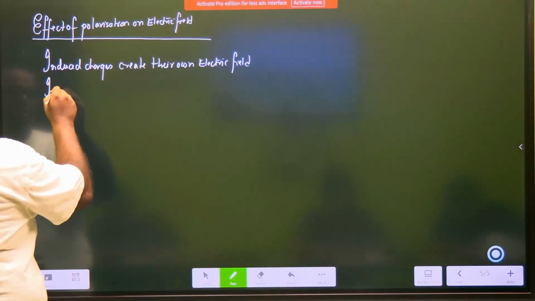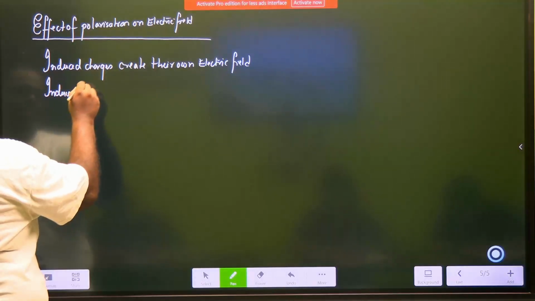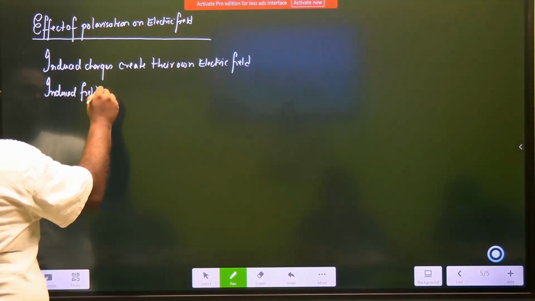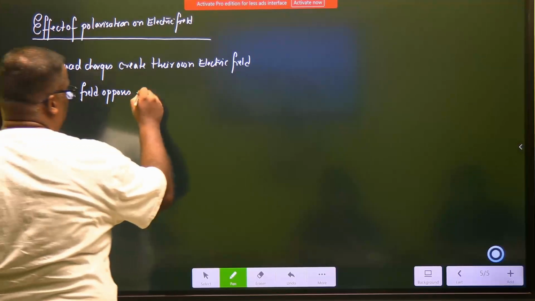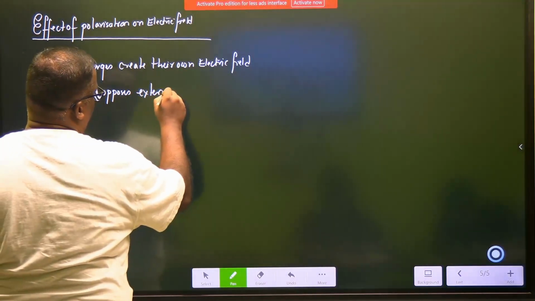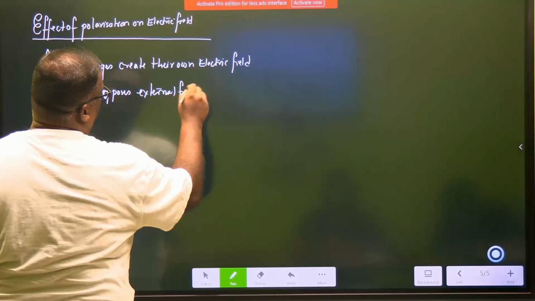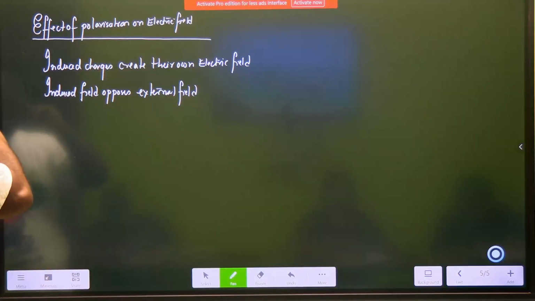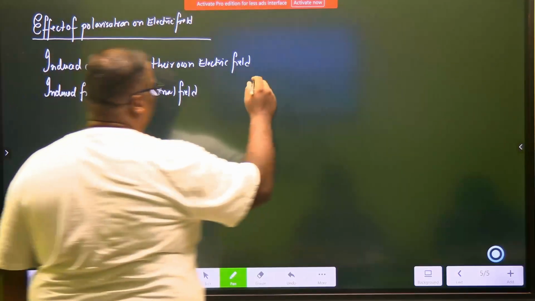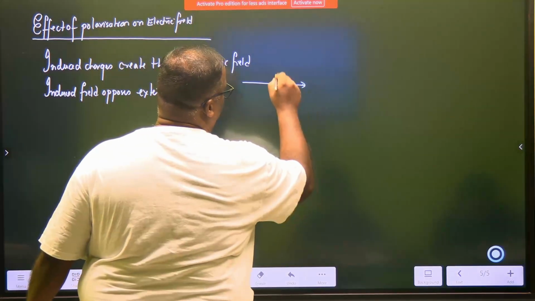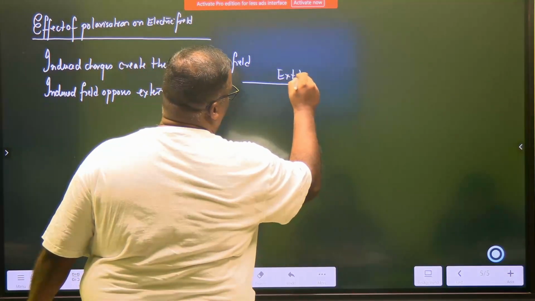So you get what is known as an induced field. The induced field will now oppose the external field. But whereas in the case of conductors they cancel, here you won't cancel. This is exactly the first part that you wrote. So this is your external electric field.